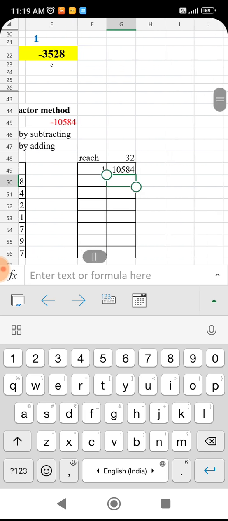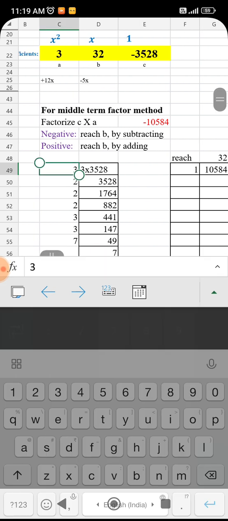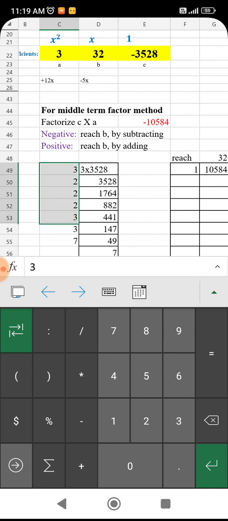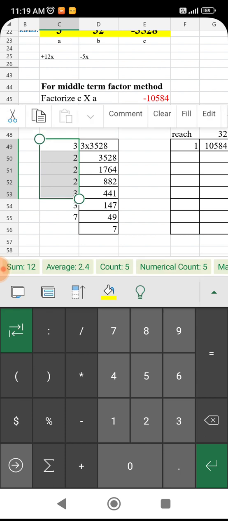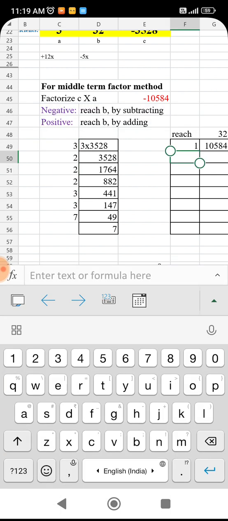If we subtract these two, this is very large, so we will not go for 2, 3, 4, 5, 6 like that. We'll go for a very large number: 3 into 2 is 6, 6 twos are 12, 12 twos are 24, 24 threes are 72. Let's try 72 directly.